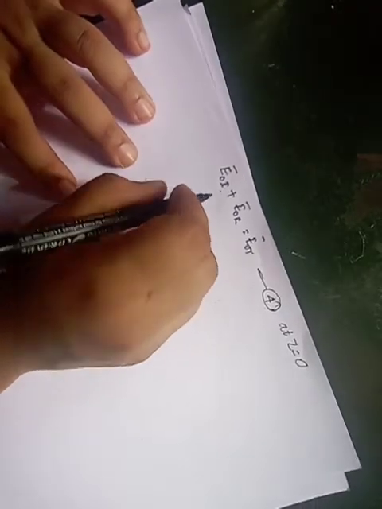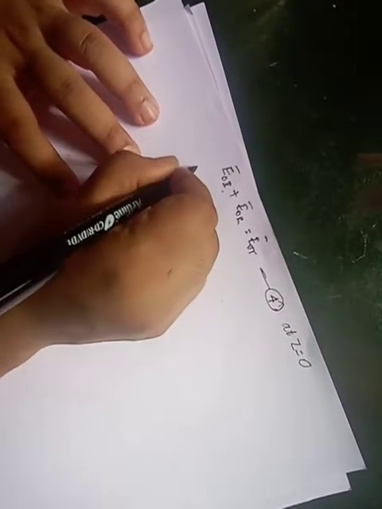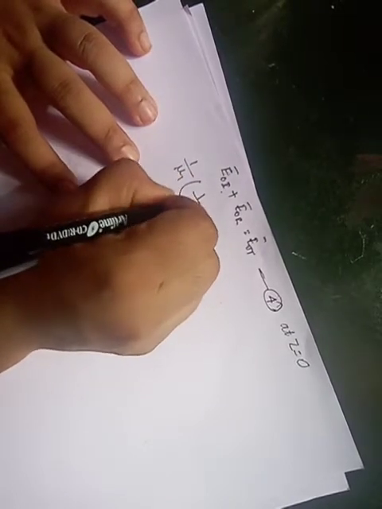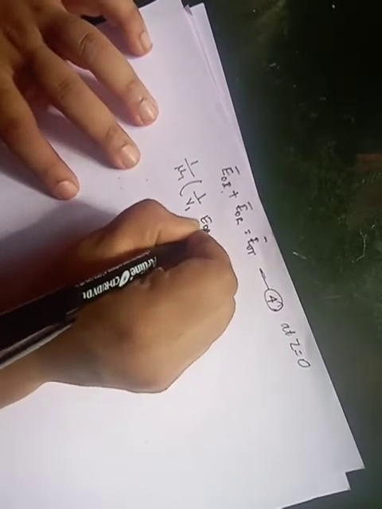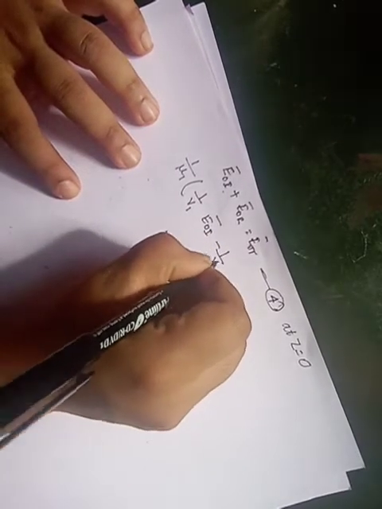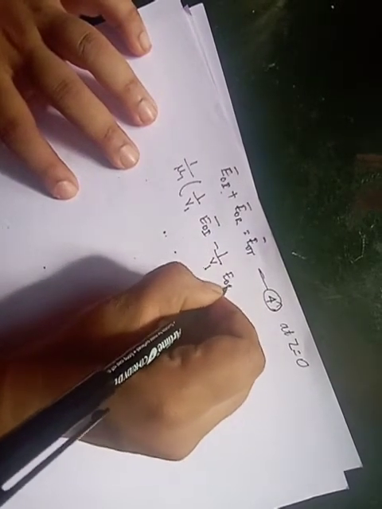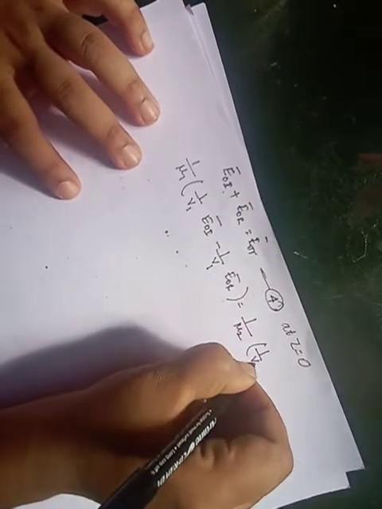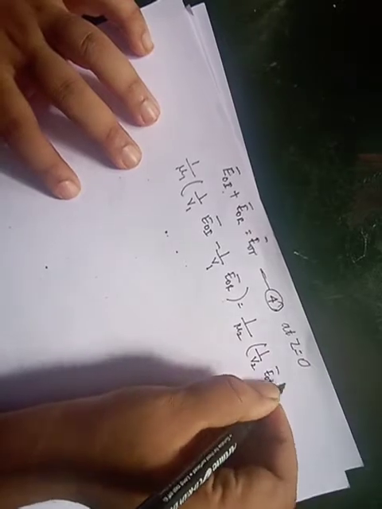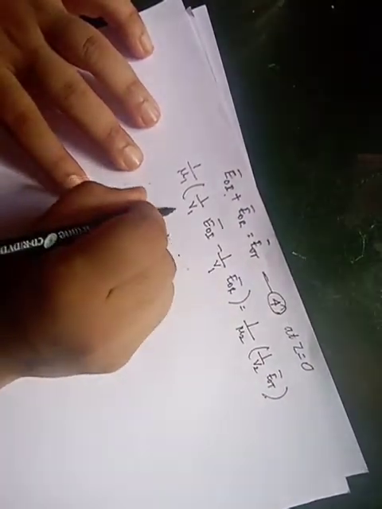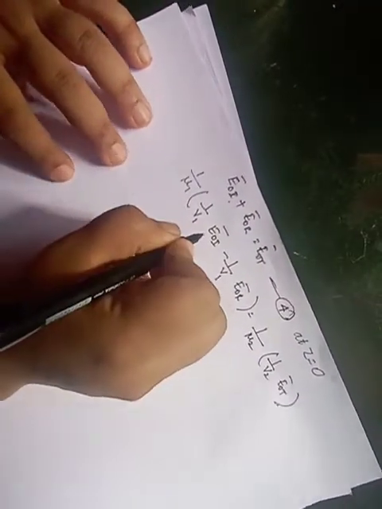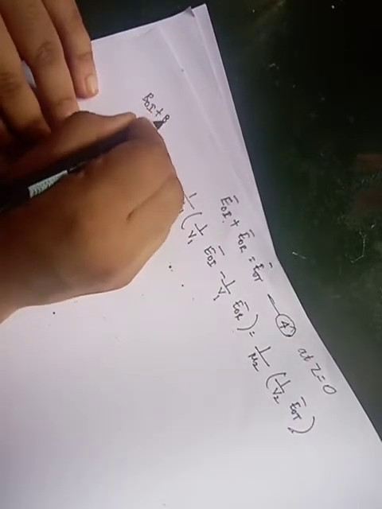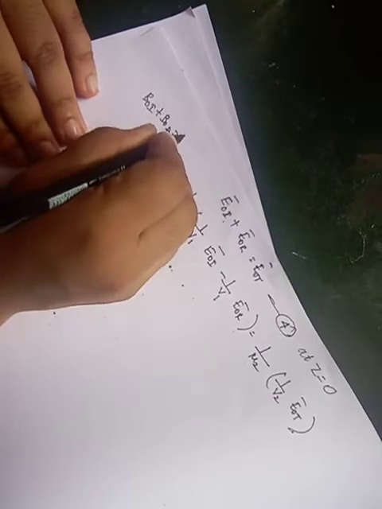So here we are going to write 1 by mu 1 into 1 by V1 E naught I minus 1 by V1 E naught R equal to 1 by mu 2 into 1 by V2 E naught T. If you see this equation, it is actually B naught I plus B naught R is equal to B naught T.